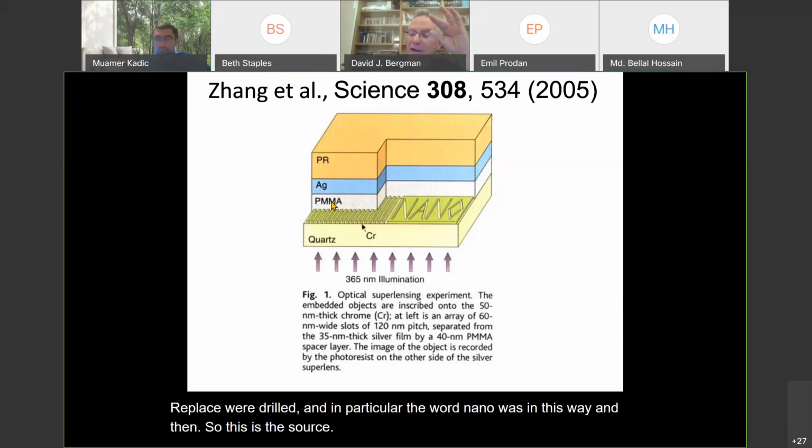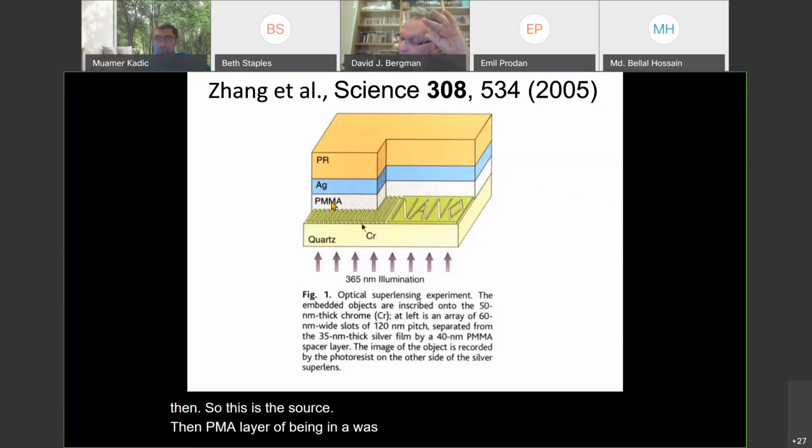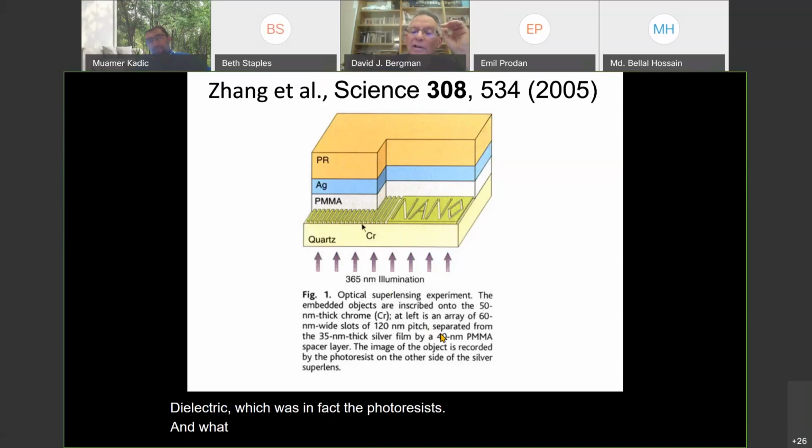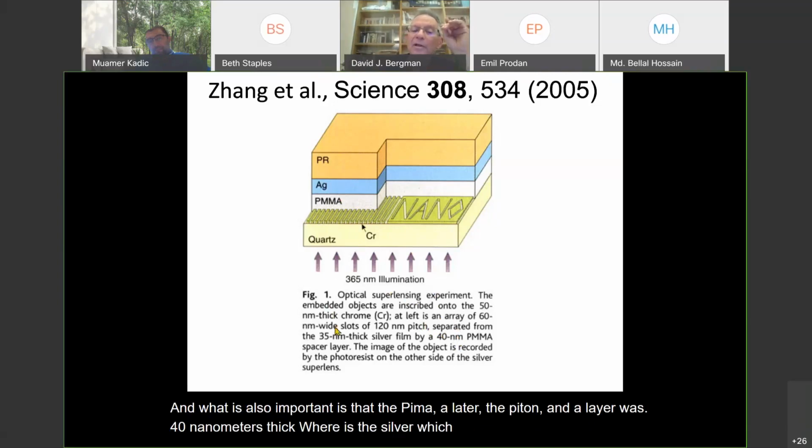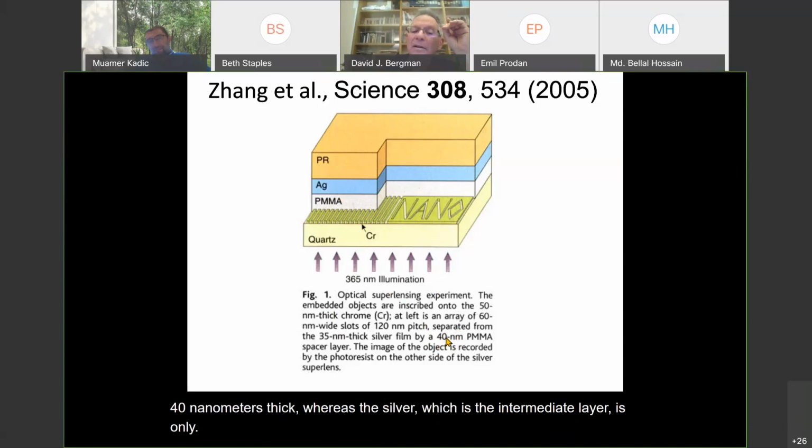Then a layer of PMMA was on one side of the intermediate layer. The intermediate layer was silver. And then there was another dielectric, which was in fact photoresist. What is also important is that the PMMA layer was 40 nanometers thick, whereas the silver, which is the intermediate layer, is only 35 nanometers thick.